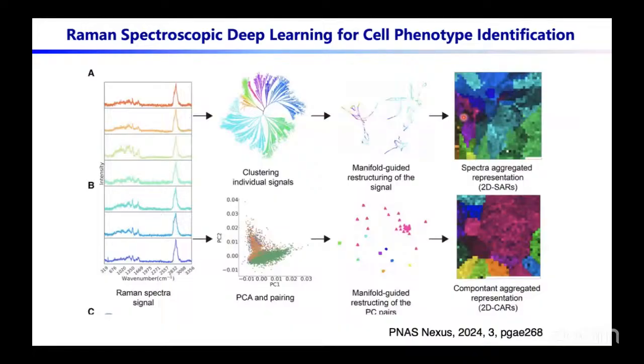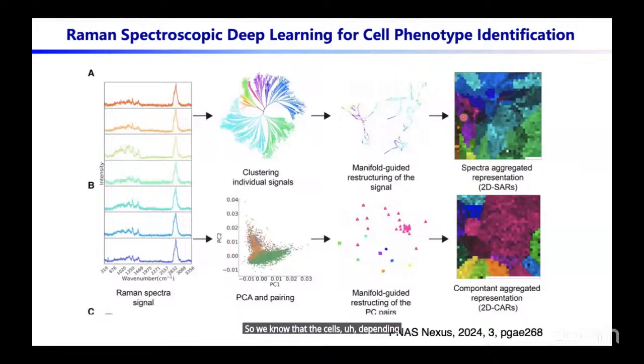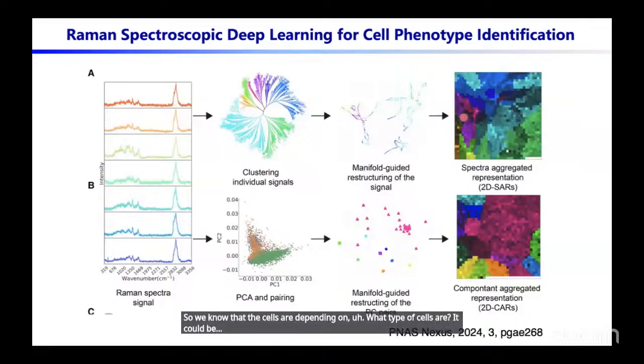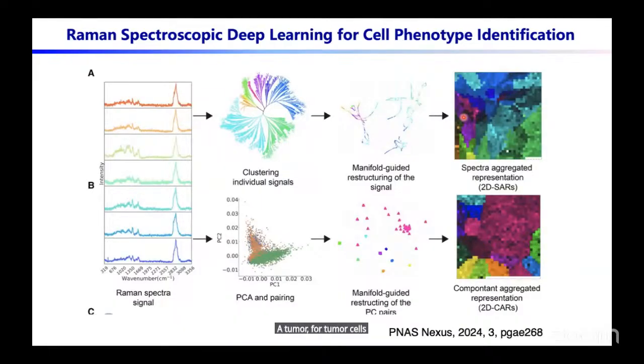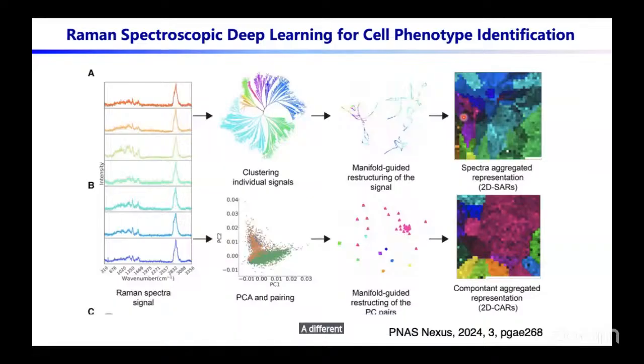So now we look at the application for cell phenotype identification. We know that cells, depending on what type of cells, it could be a tumor. And for tumor cells, not only are they all tumor, but they may also have different potential outcomes.